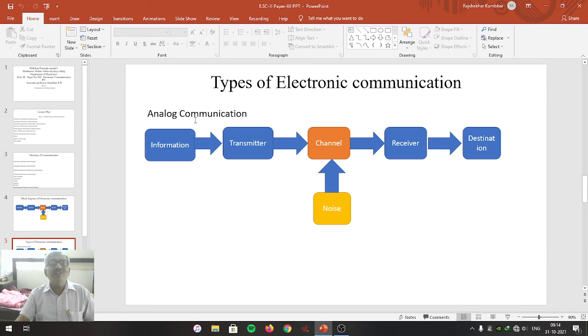Thus, the source of information is an acoustic sound signal, and the signal arriving at the destination is again the sound signal. This is one example I have quoted that represents how analog communication takes place from the transmitting end towards the receiving end.